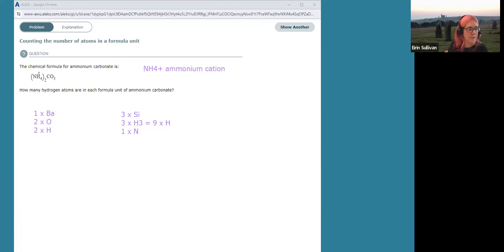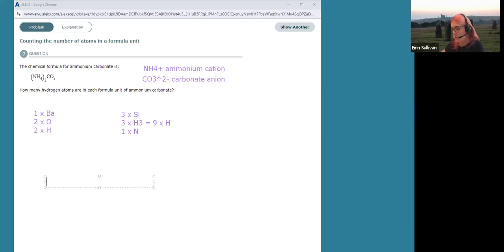So if we're counting nitrogens and hydrogens and carbons and oxygens, then watch out for these parentheses. Ammonium is +1. The carbonate ion, CO3 2-, is a polyatomic anion. So it's going to take 2 ammoniums to counterbalance the -2 charge from 1 carbonate. So how many nitrogens do we have?